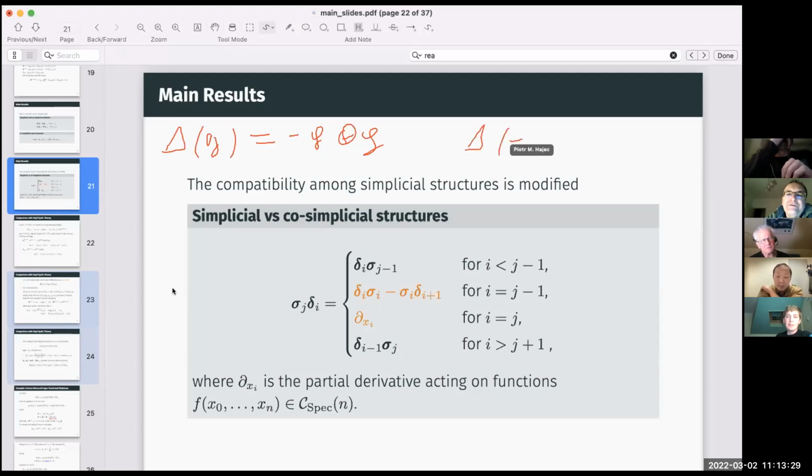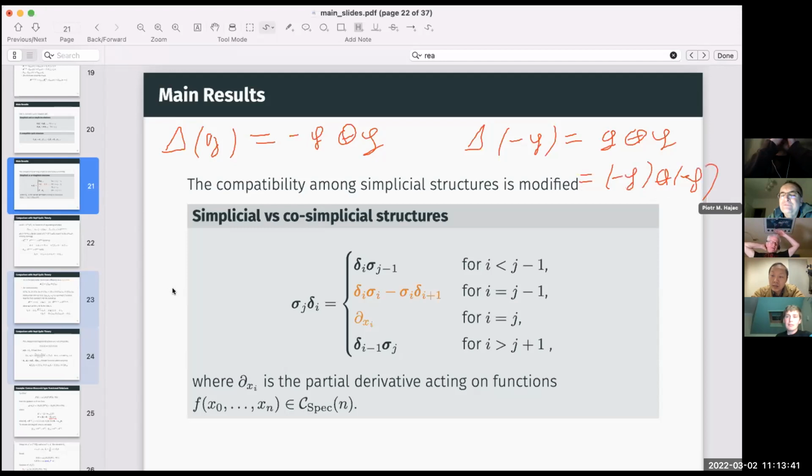So I have delta of minus G is equal to G tensor G, right? But now this is the same as minus G. Okay, yes, you're right. So minus G is group-like. So Alain is right. Sorry. You contradicted Alain and you were wrong. Shame on you.